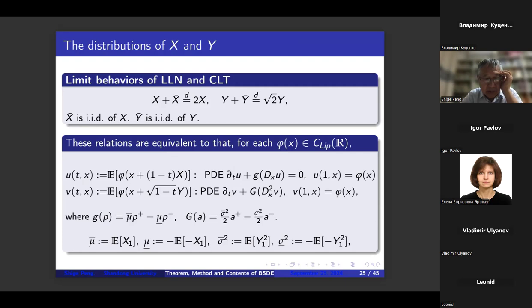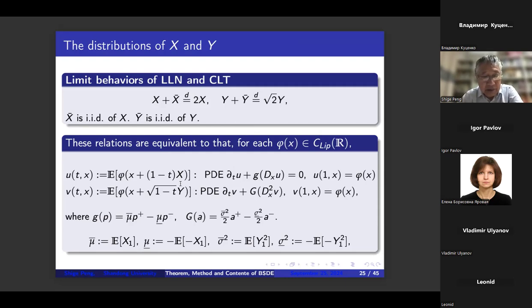Then it's just E of phi of x. So we solve this PDE, then we have the value of E phi of x.